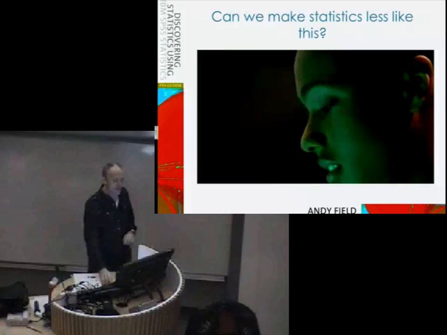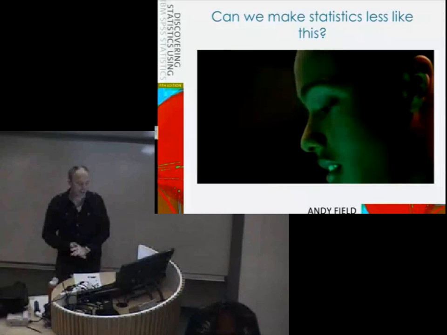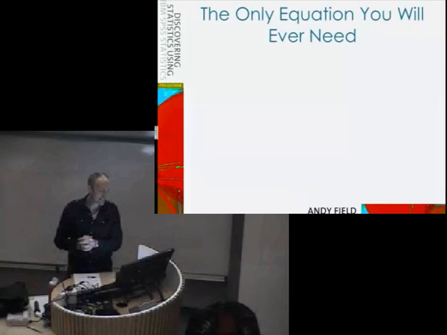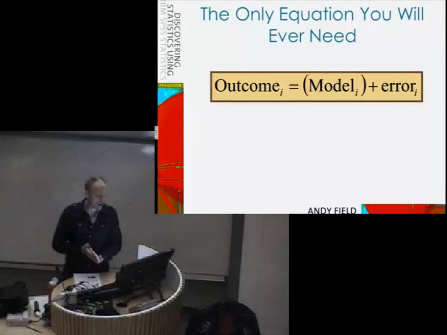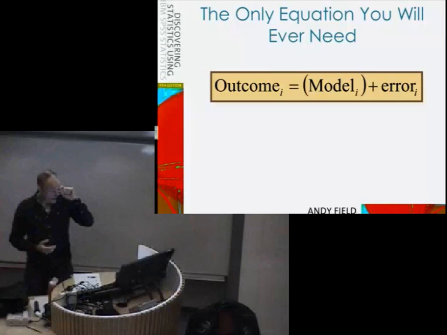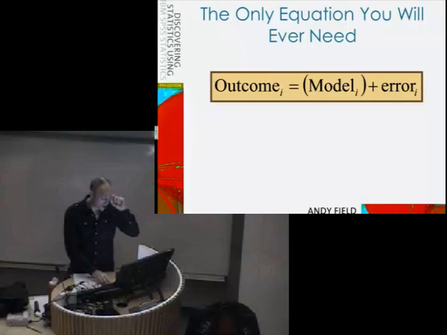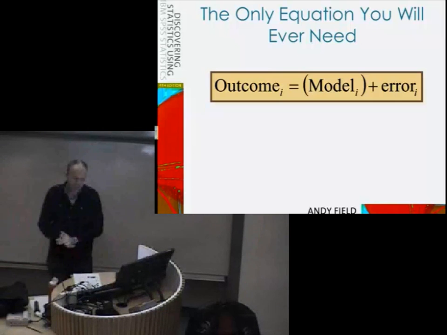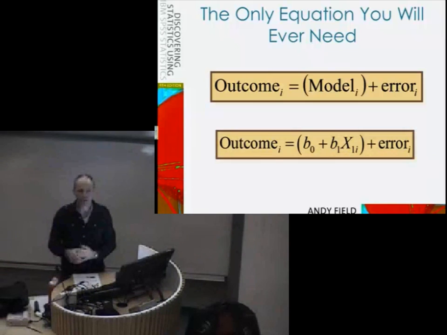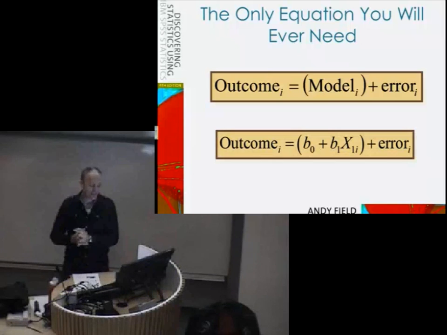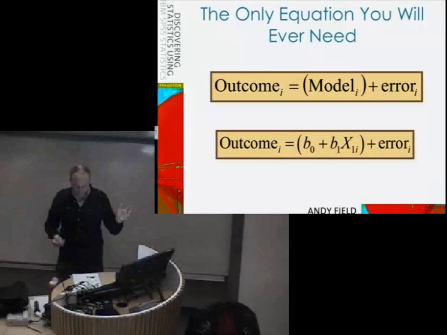I also said last week that there's only one equation you ever need to really understand, and that's this one. In psychology, what we're trying to do is predict outcomes from some kind of model, and that model won't be perfect, so there'll always be some error of prediction. We looked at various examples last week, but I also mentioned that on balance, most of the things we do are basically regression, so a linear model, and we looked at this equation here, beta 0 plus beta 1 x1.